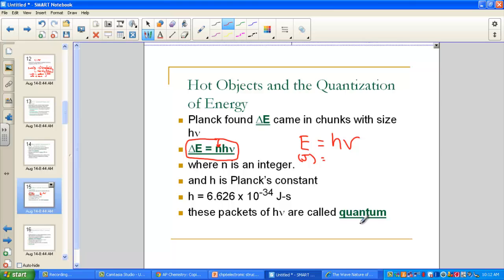A model for quantized energy could simply be comparing a ramp to a staircase. They both lead to the same place. However, there's an infinite amount of change when I have a ramp, but I have a very discrete amount of change with stairs. I can't place my foot halfway up the step and step up. I must go 1 step, 2 steps, 3 steps, where the number of steps is a whole number integer.